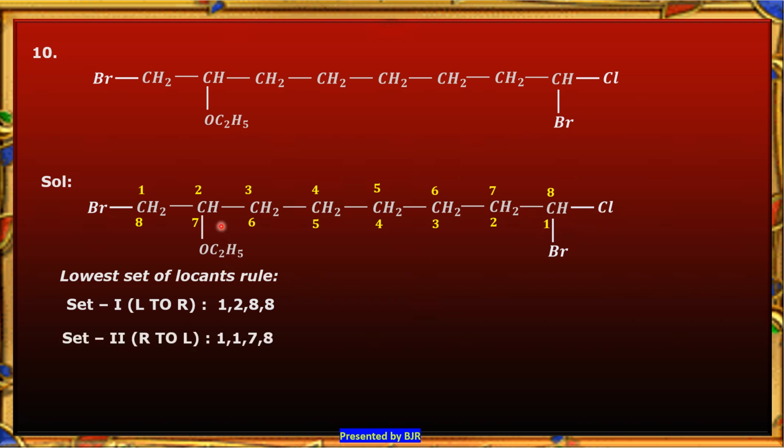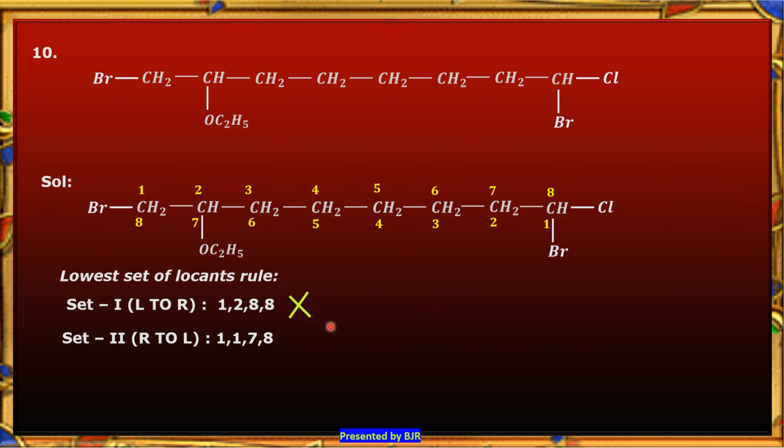Okay, next 7 and 8. And if you compare these two sets term by term, the first two locants are equal, then go to the next two locants. Here 1 is less than 2. So at the first point of difference 1 is less than 2. Then ignore the remaining terms. That means set 2 is lower than set 1.